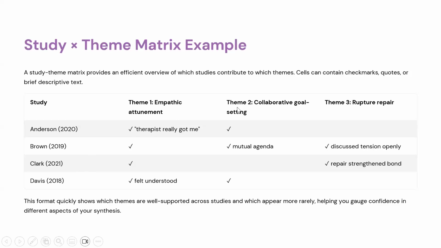It's met sporadically by 3 out of 4 of the papers for the second theme, and then it's only met half of the time in terms of the third theme, which is rupture repair. So that would ideally give you some sort of idea in terms of how you would begin to structure your understanding of these various papers, what you would want to consider your main takeaway talking points, and what could be more contextual information.